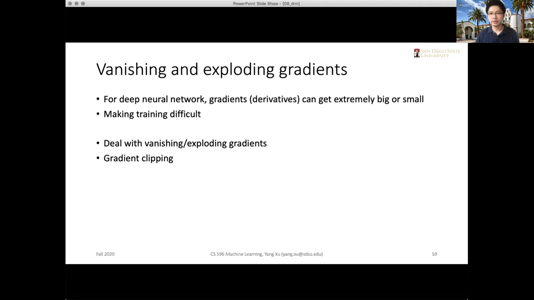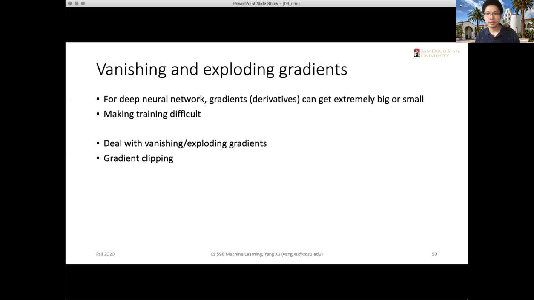But if the gradient itself is too big, then the results would also not be ideal. Or if it's too small, then the learning would be too slow, right? If you take too small a step each time, then it will take you forever to reach the goal. So anyway, we want to avoid this issue.